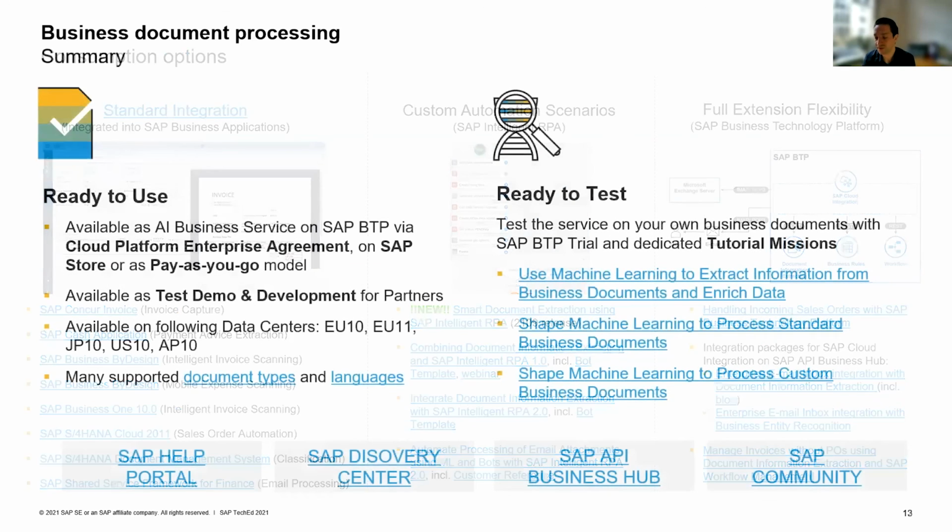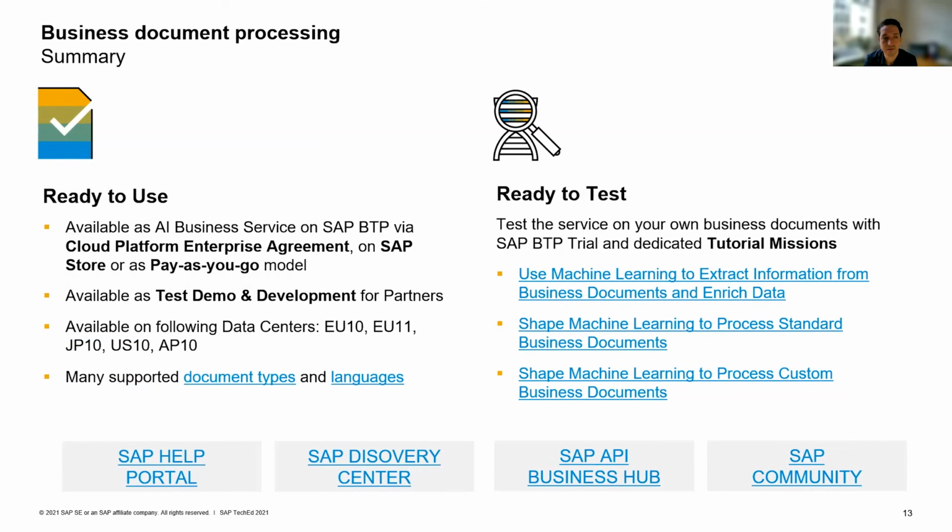Okay, so with that, we are at the end of our workshop today. In summary, you can start already today to test the service. We provide document information extraction, as you have seen in the workshop today, on the trial landscape. So you don't need to invest anything to start using it. Just go to the trial.